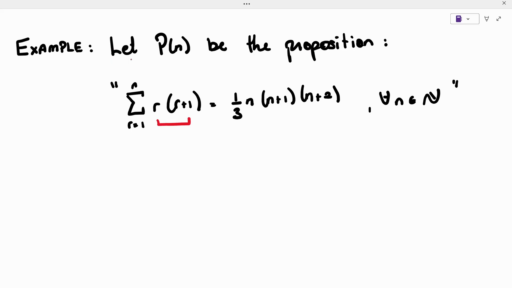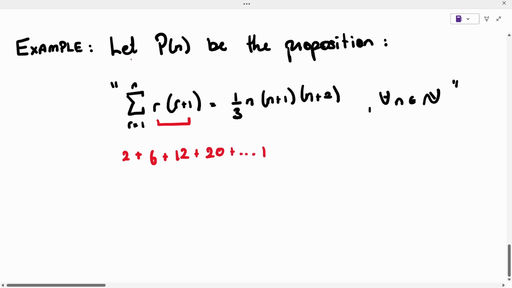So what is our first term? It's when r is 1. So 1 into 1 plus 1 is 2. What's our next term? When r is 2, 2 into 2 plus 1, 2 times 3 is 6. 3 times 4 is 12. 4 times 5, 20.